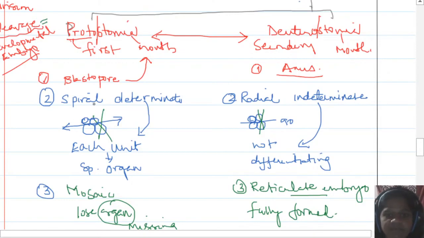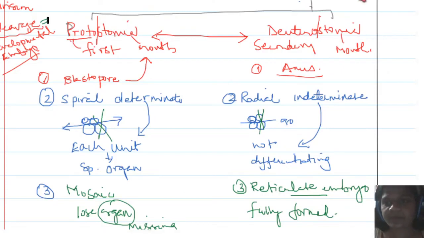So the cleavage is spiral and determinate here, and radial and indeterminate in Deuterostomia. Spiral is they divide at an angle, radial is they divide at 90 degrees, and determinate means each unit is already predetermined to produce a particular organ. Here it is not predetermined, they haven't differentiated yet, so it's called radial indeterminate, and here it is called spiral determinate. And the embryo here is called a mosaic embryo, and the embryo here is called a regulative embryo.